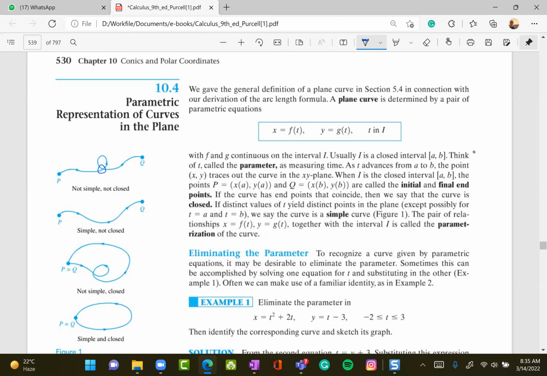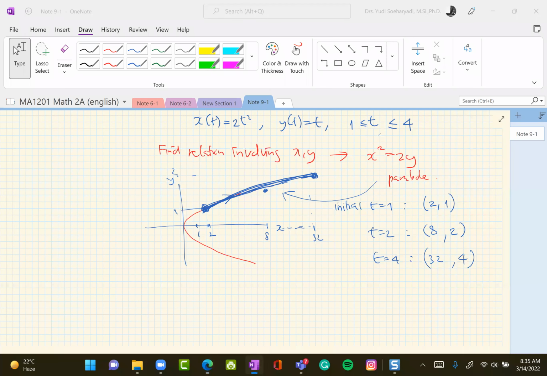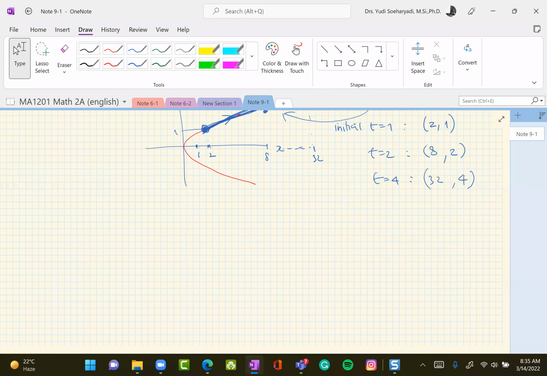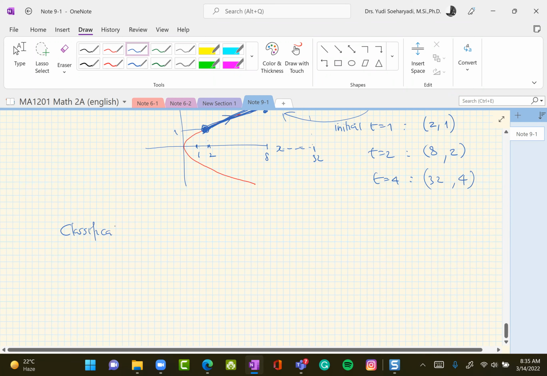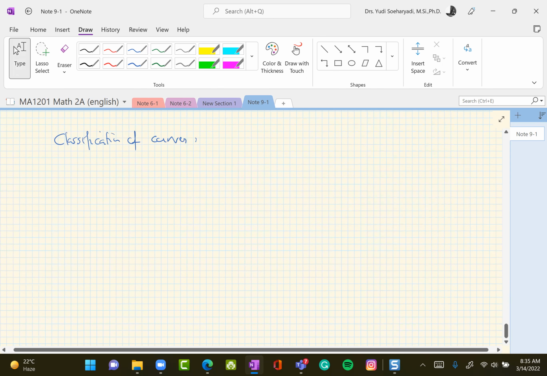So that's classifications of curves. What you call simple, the initial point is the endpoint. So this is the example, a circle.